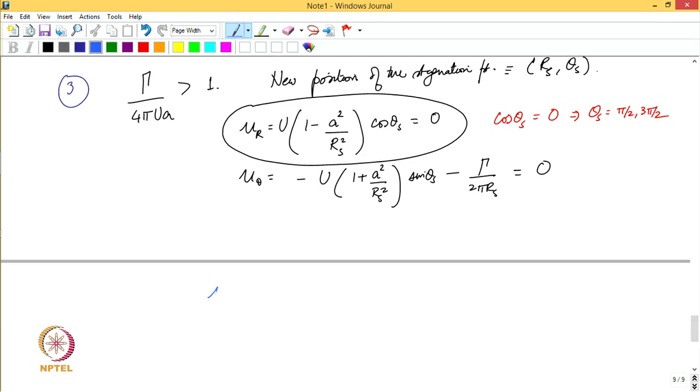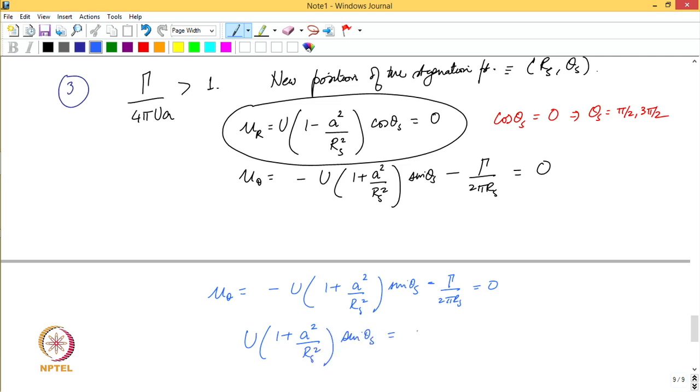So, if I look at u theta, which is minus u times 1 plus a square by r s square, sin theta s, minus gamma by 2 pi r s, which is 0. So, we should have u times 1 plus a square by r s square, sin theta s to be minus gamma by 2 pi r s, for u theta to be 0.